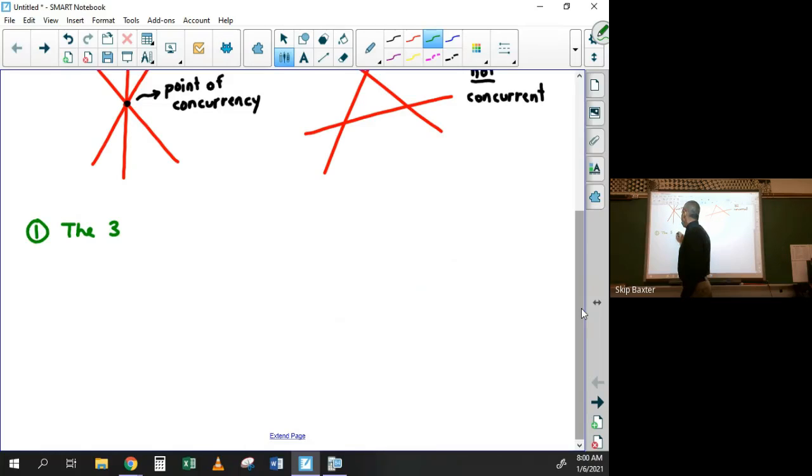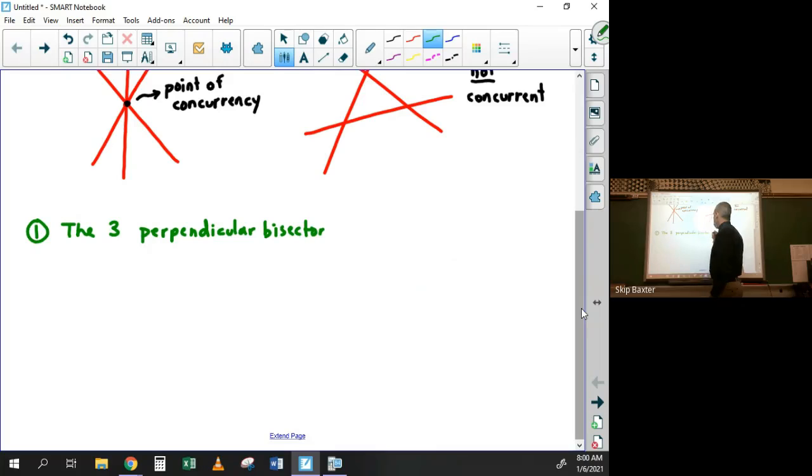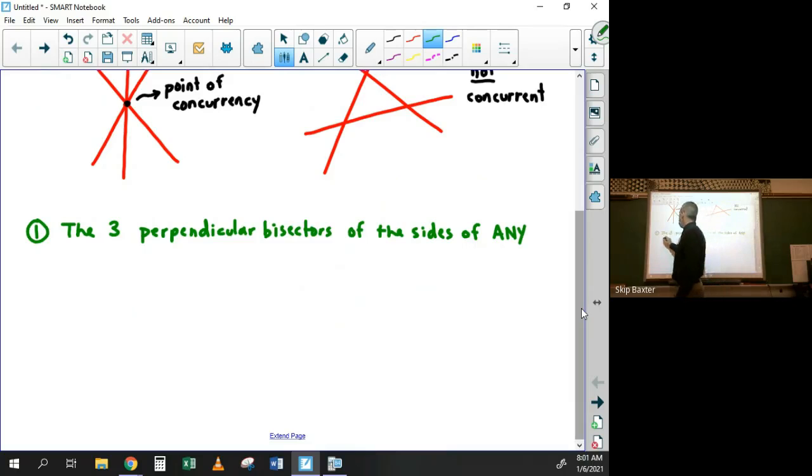The 3 perpendicular bisectors of the sides of any triangle are concurrent. They intersect in a single point.